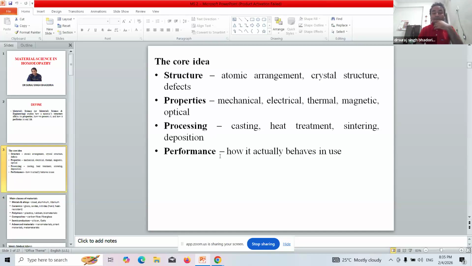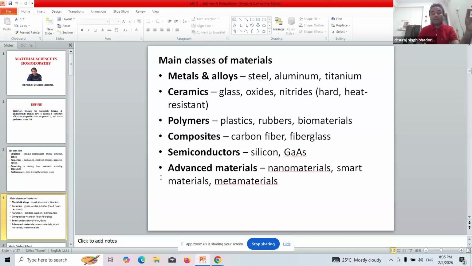The next is the performance. Here the performance is actually based on the behavior of such material and such atomic and molecular formation. So this is about the performance of material science. The next is the main classes of materials. In general, when we talk about the classification of material science, the first one is the metals and alloys.